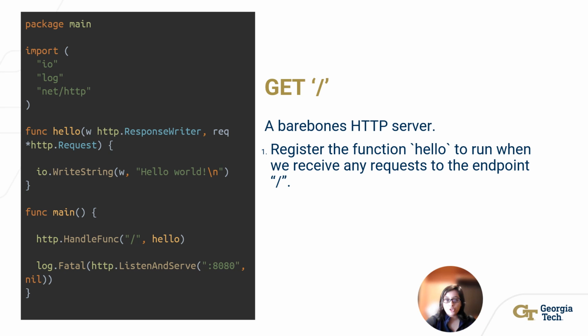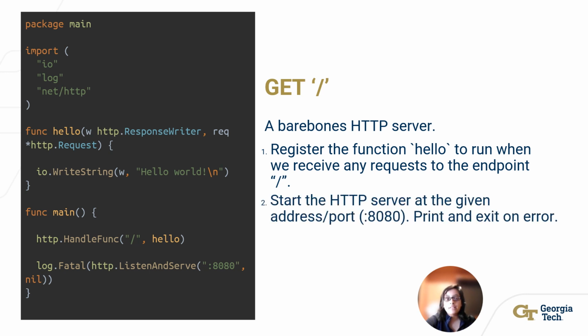Inside the hello function, we use io.WriteString to send the hello world message as a response. In the main function, we use http.HandleFunc to register the hello function to handle requests at the root path. We start the HTTP server on port 8080 using http.ListenAndServe. If there's an error, it's logged and the program exits.